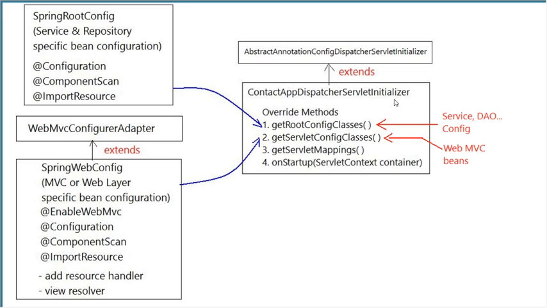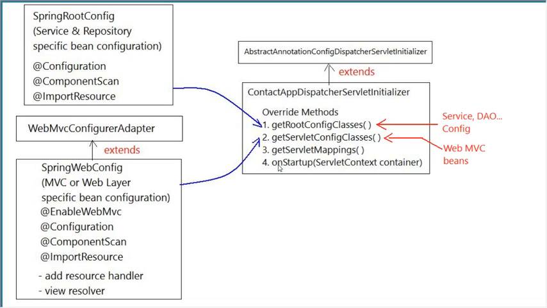This will have some required methods, like getRootConfigClasses. This root configuration class will be your Spring Root Configuration, and the next method will be getServletConfigClasses. This will be your Web MVC layer. Now the dispatcher servlet requires a mapping, so we provide the mapping for the front controller, which is used to receive incoming requests; actually it is a URL pattern for the dispatcher servlet.